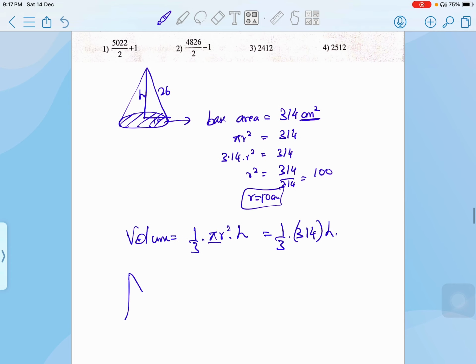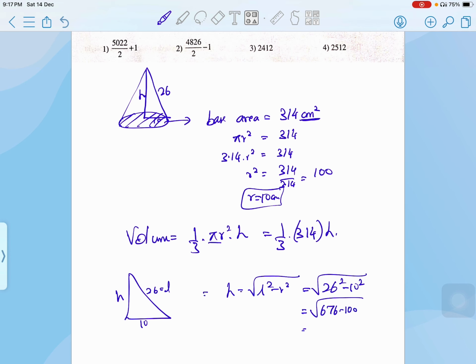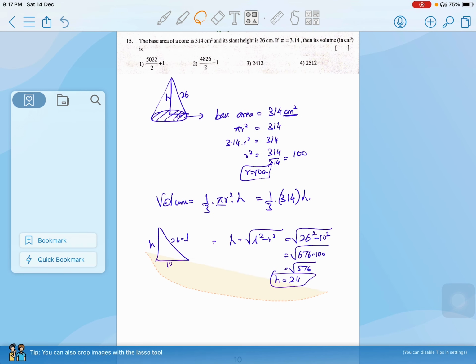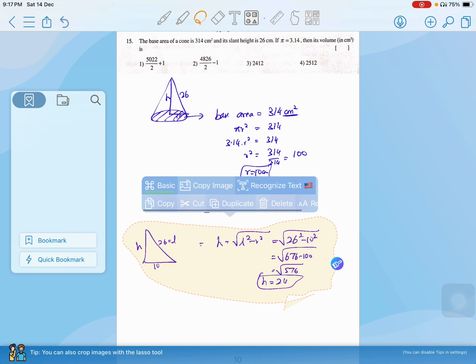So in a right angle triangle, we have radius 10, height we don't know, and slant height L. Height equals root of L square minus R square. So root of 26 square minus 10 square. 26 square is 676 minus 100, so 576, you will get 24. So height equals 24.